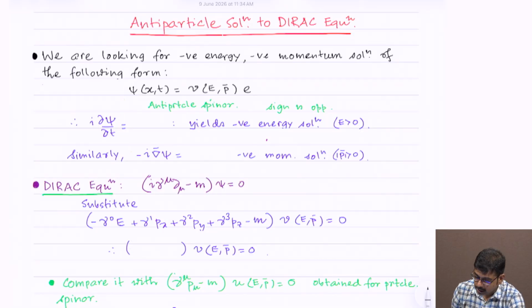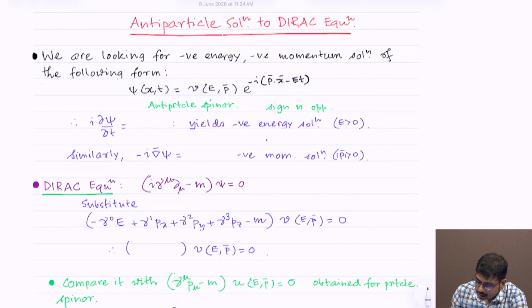You remember that u(E,p) or v(E,p) contains the spinorial part of the solution, which is not just a complex number, rather it's a column matrix with 4 different entries. But the phase part will have a minus sign. So this will be e to the power minus i(p·x − Et).